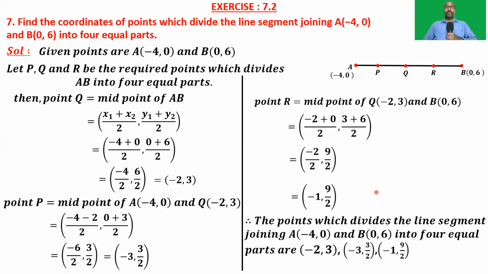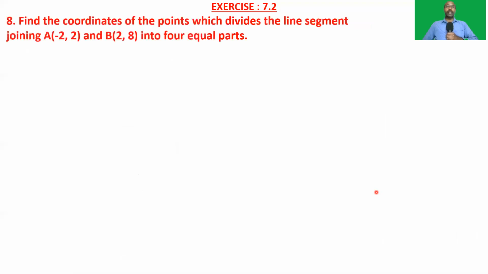And the next one: find the coordinates of the points which divide the line segment joining A (-2, 2) and B (2, 8) into 4 equal parts. So this is the same as the previous problem. That's why I am just presenting, not explaining. Just watch carefully.